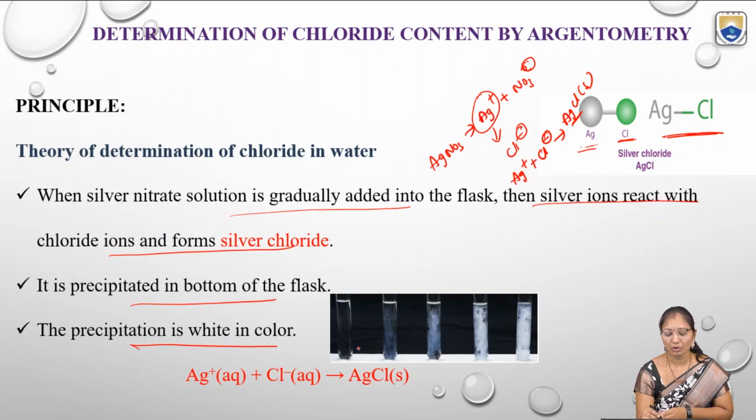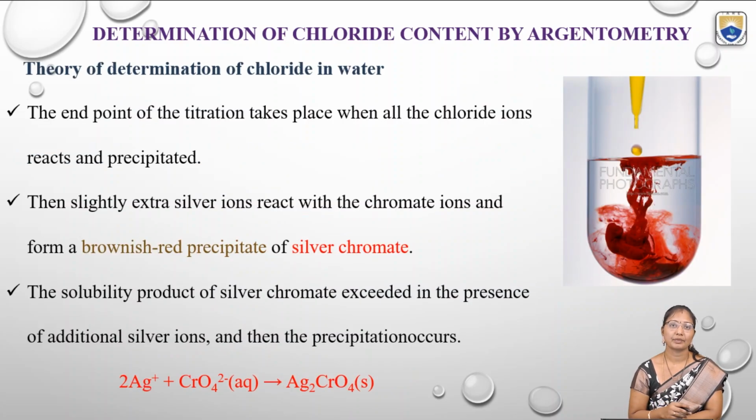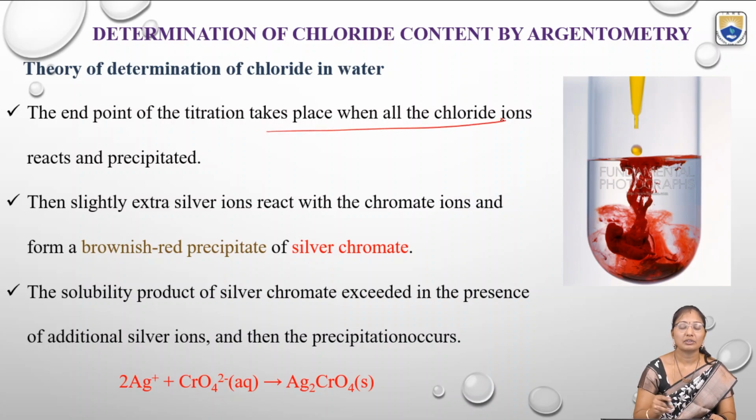As the chloride ion concentration increases, the white precipitate increases, meaning more formation of silver chloride. Here we can see from test tube 1 to test tube 5 an increase in the intensity of the precipitate, due to AgCl formation in the tubes. The end point of the titration takes place when all the chloride ions have reacted and precipitated.